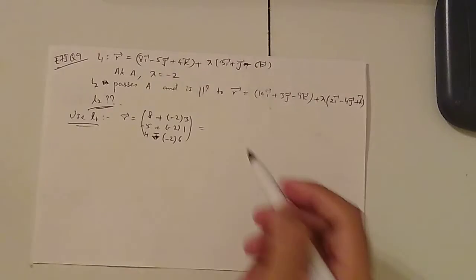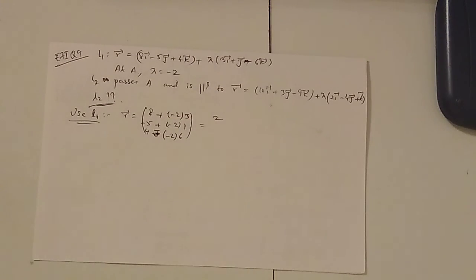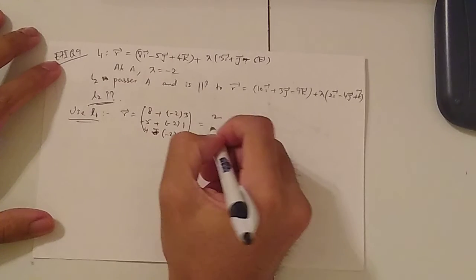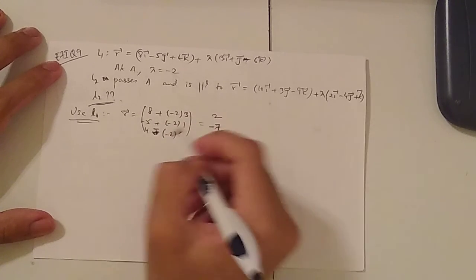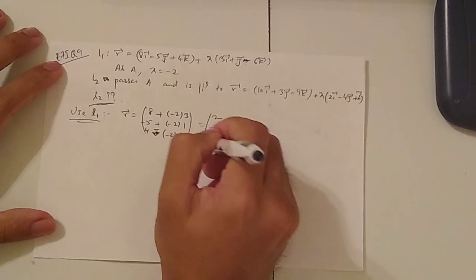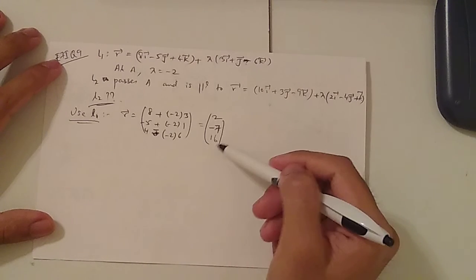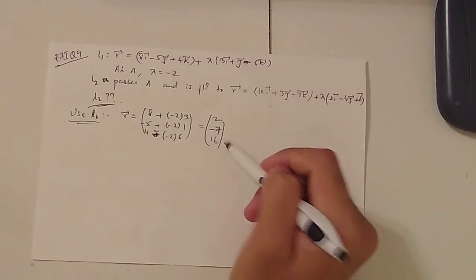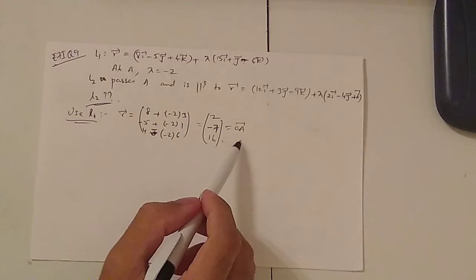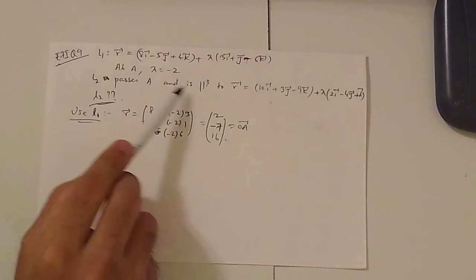Substitute minus 2 into this equation and you get 8 minus 6 is equal to 2, minus 5 minus 2 is equal to minus 7, and 4 plus 12 is equal to 16. So we got a fixed point on the line. This is OA.